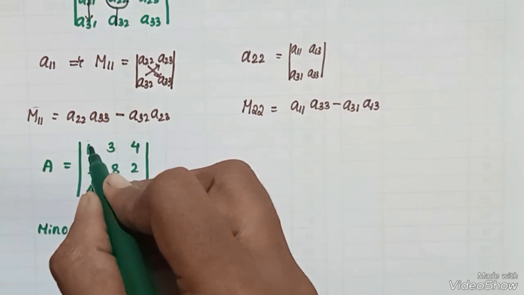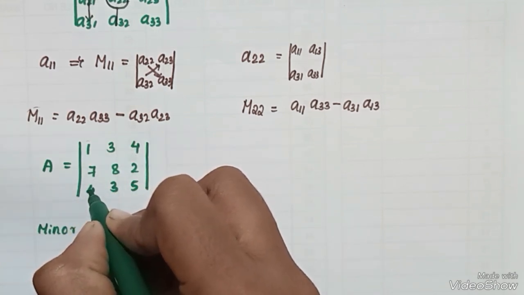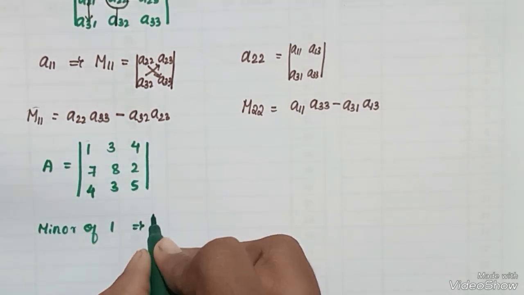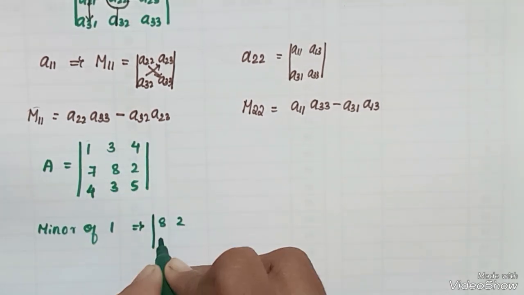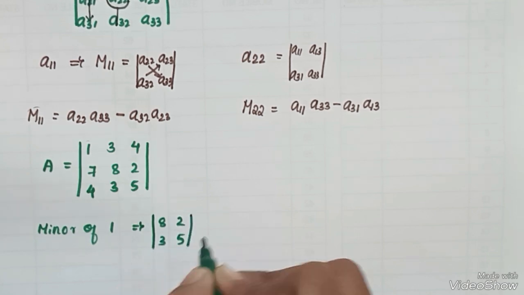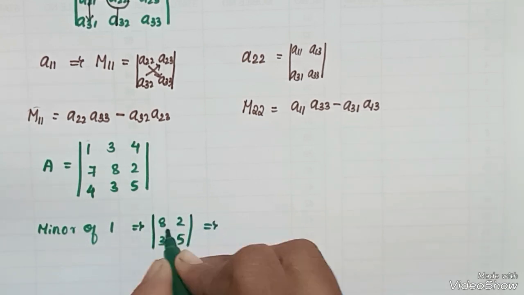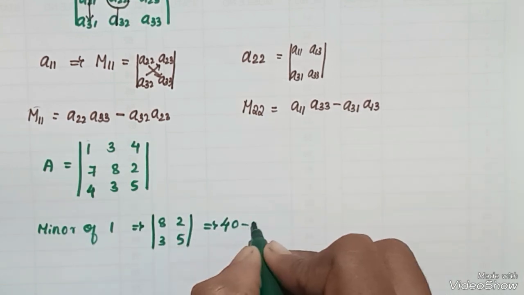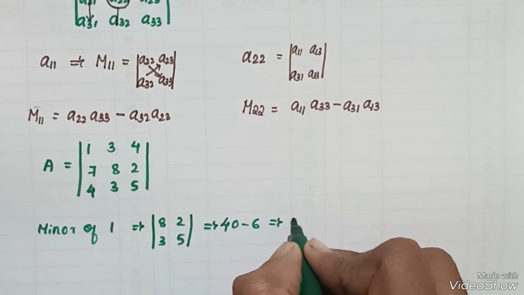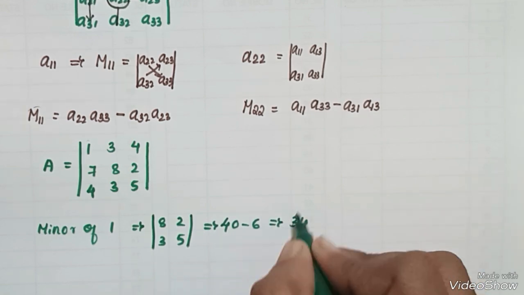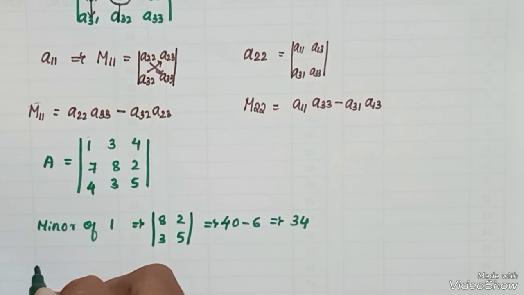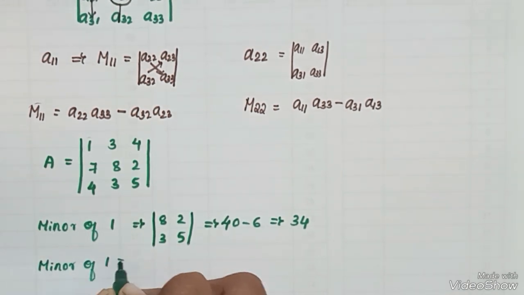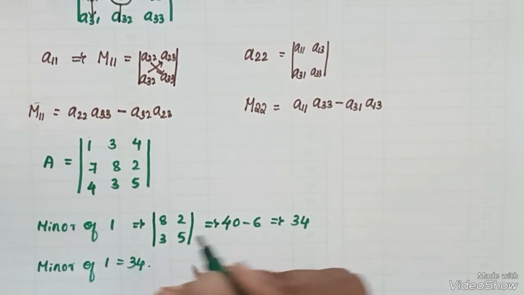That's why I delete the first row and first column, then the determinant is 8 2, 3 5. The value becomes 8 into 5, 8 fives are 40, minus 3 twos are 6, so the answer is 34. Minor of the element 1 is equal to 34.